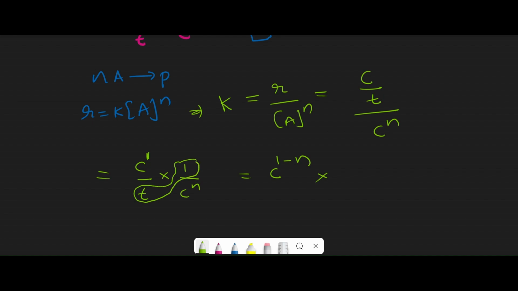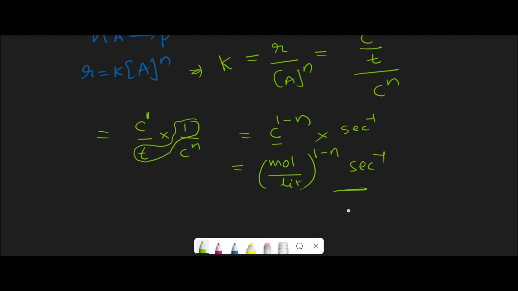That means I'm writing directly second inverse. Clear? So you can expand c as mole per liter, the whole to the power of 1 minus n, second inverse. This is the general formula for any order of reaction. Suppose you want to calculate for n equal to 0, you can substitute n equal to 0. Upon putting n equal to 0, 1 minus 0 remains 1.